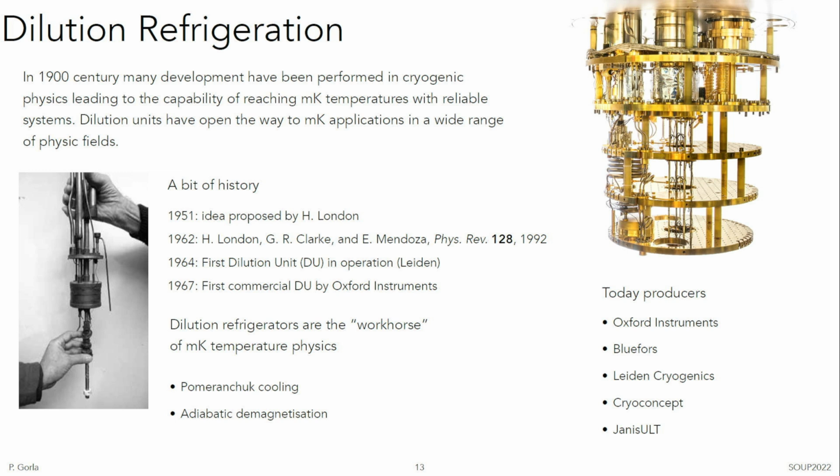So this completely changed the field of low temperature physics, but also opened the way to a wide range of applications. And nowadays, this kind of machine is also used for what is called quantum computing. So the so-called qubits, or many kinds of these qubits, have to work at extremely low temperature.